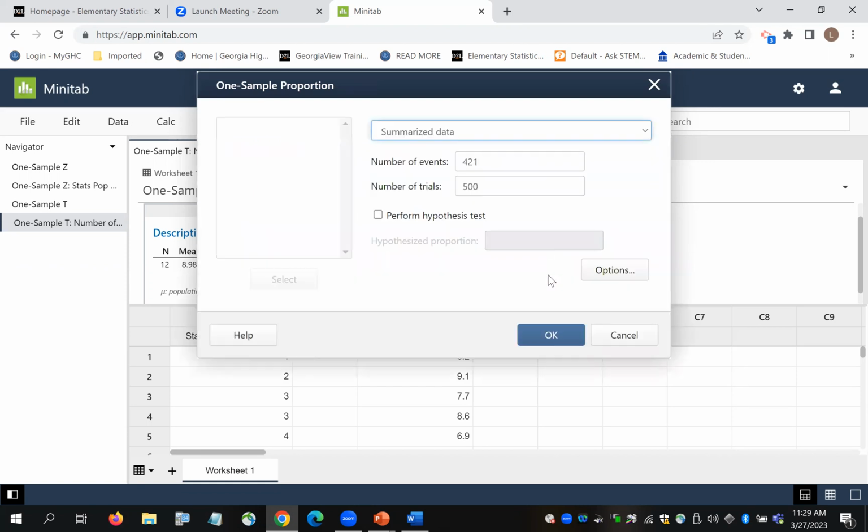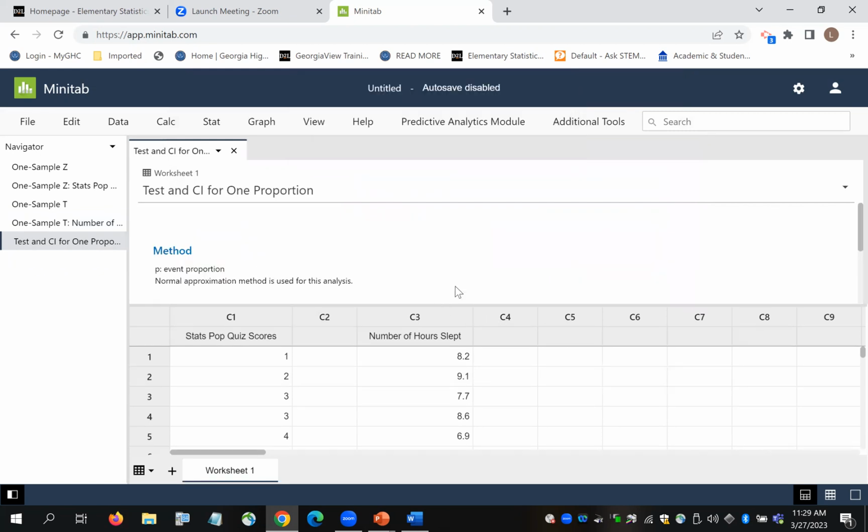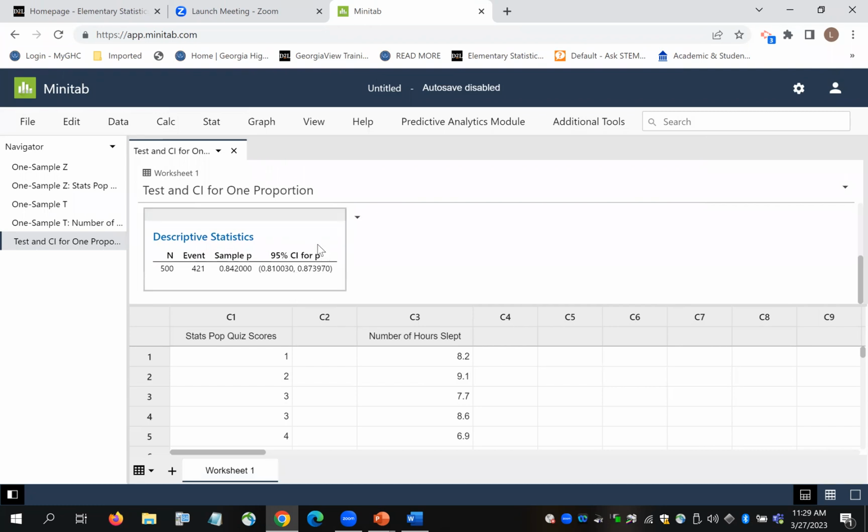I click OK. I click OK again. And it gives it to me. I do have to scroll down a little bit, but it does give it to me.